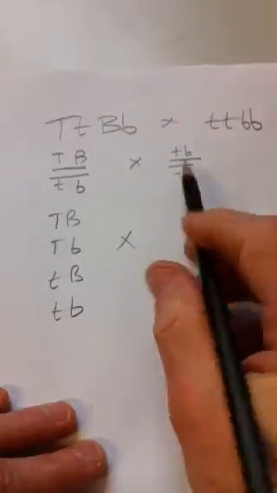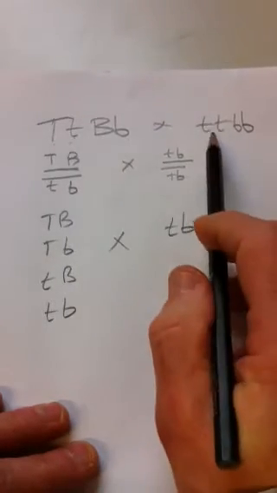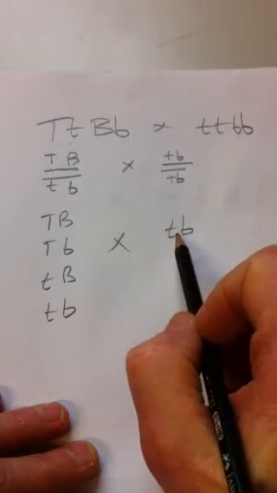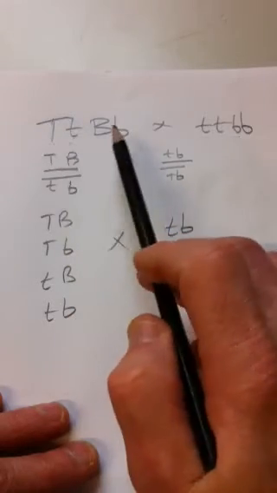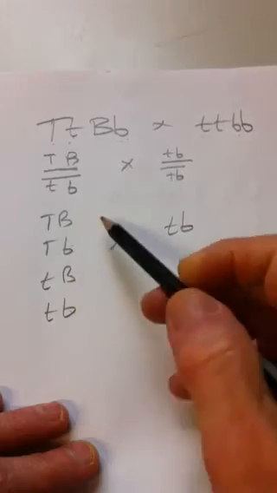We're going to cross that with, this is pretty easy because it's always going to be little t, little b. So this would be a diploid cell. If it's a female, it would produce 4 eggs like this. If this is a male, this would be the diploid cell that would produce 4 haploid sperm as shown.